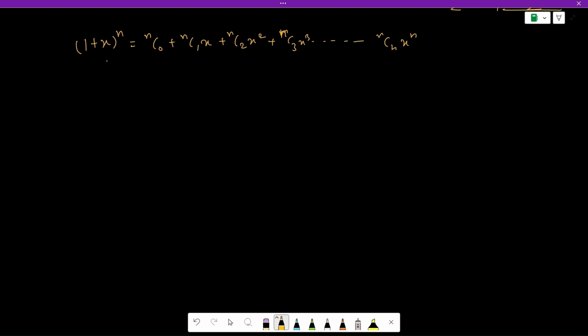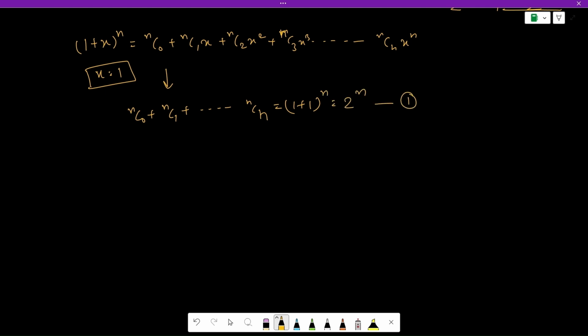Now if we put x equal to 1 in this expansion, then what we get is NC0 plus NC1 plus so on till NCn is equal to 2 to the power n. So this is the first result that we can get.